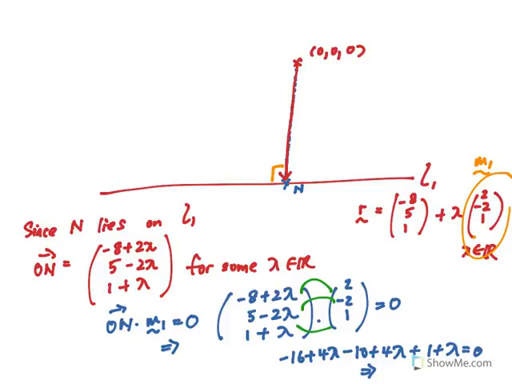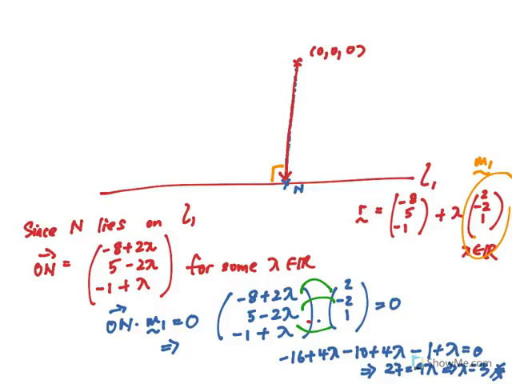Simplifying this, you should very quickly get negative 27 equals 9 lambda, and finally lambda equals 3. So at the point N, your lambda is equal to 3.